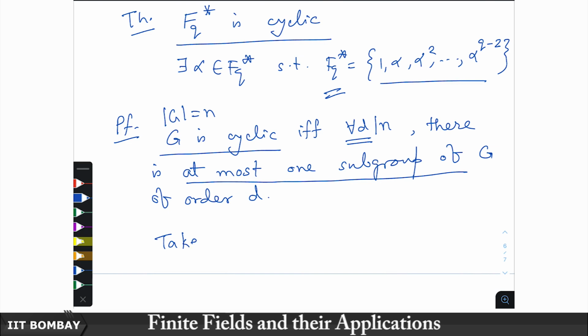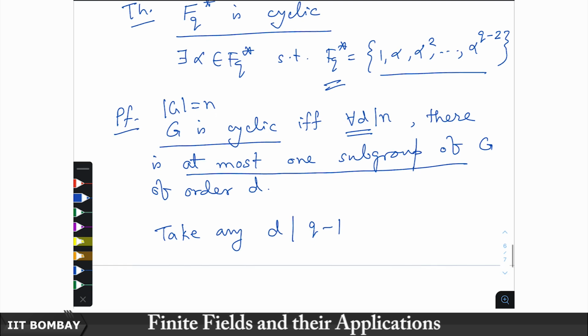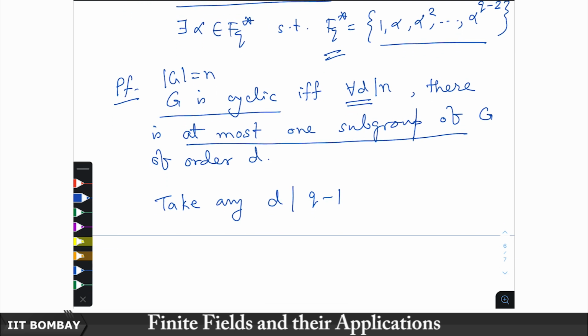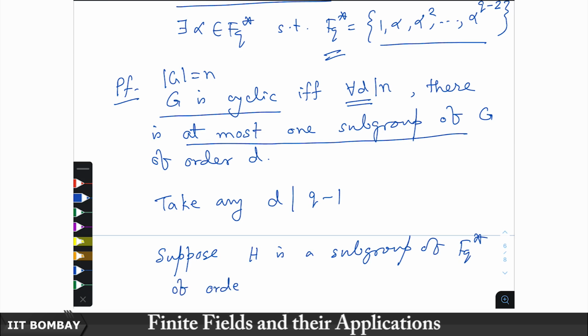Take any d dividing q minus 1. Suppose H is a subgroup of F_q star of order d.